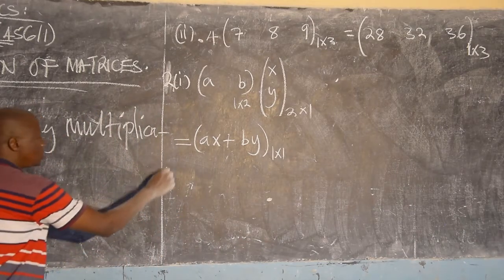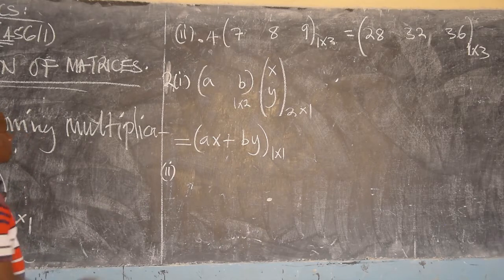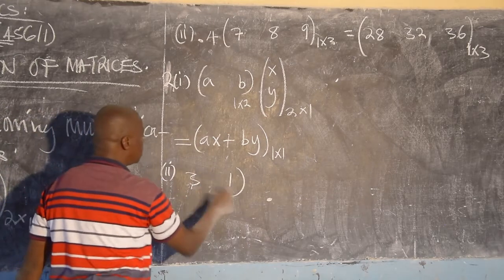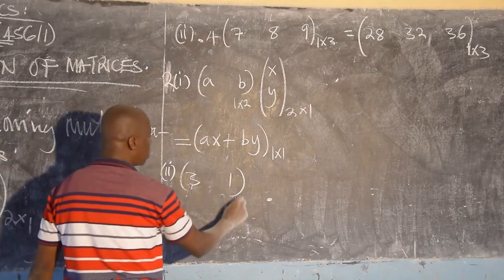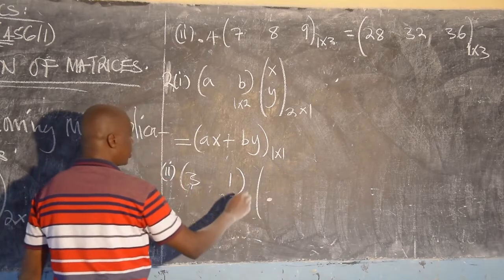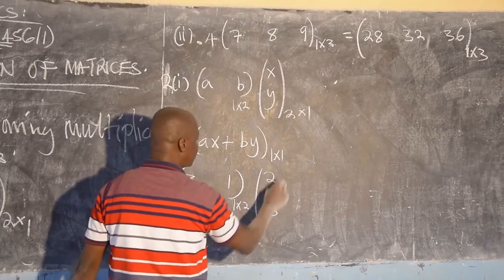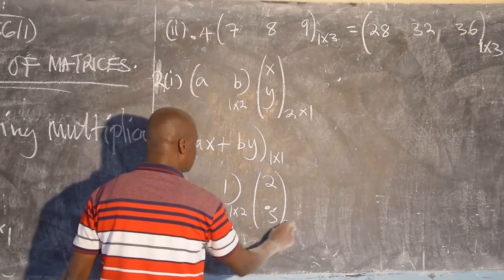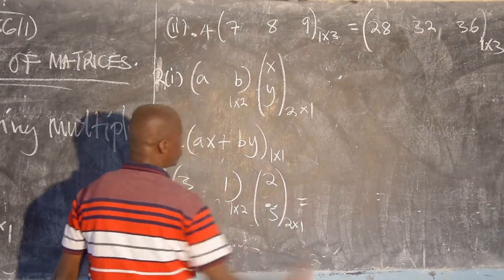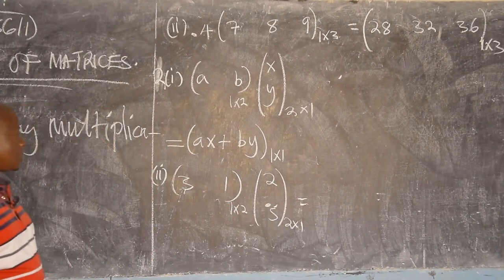Let us utilize example 2. We have 3, 1. This is a 1 by 2. Then we have 2, 5. This is also 2 by 1. We can multiply that and we get the answer.